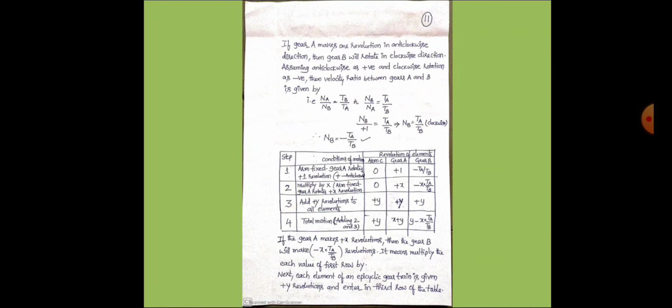Then the gear B will rotate in the clockwise direction, because the arm is fixed. When the arm is fixed and gear A is rotated in one direction, gear B will rotate in the opposite direction.